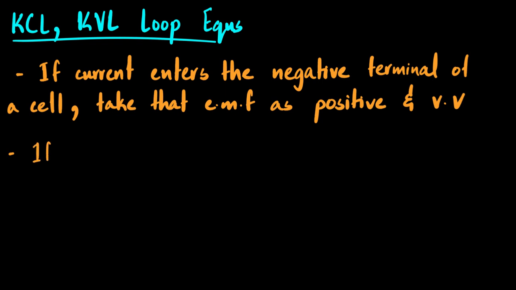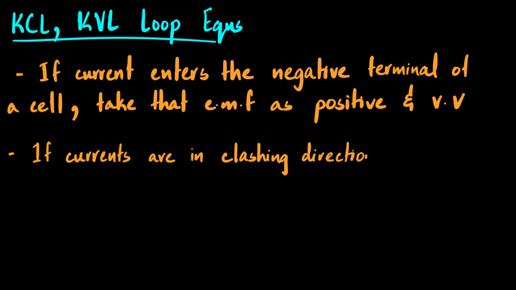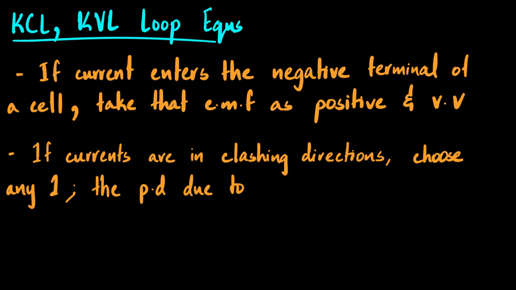So if currents are in clashing directions, choose any one, and what that means for the other current is that the potential drops due to the other current will be taken as negative.